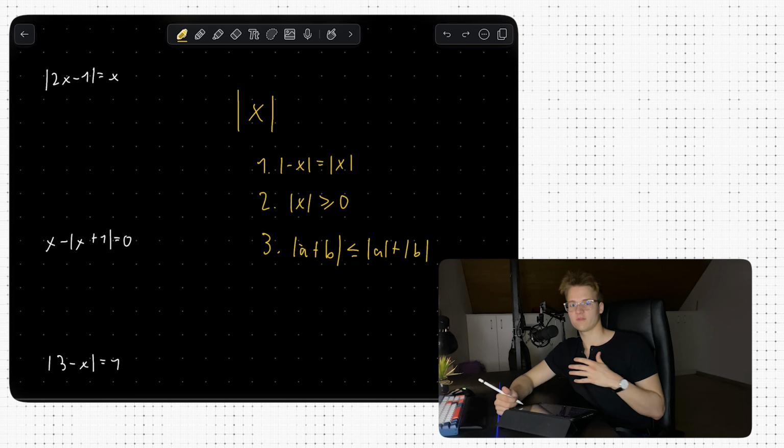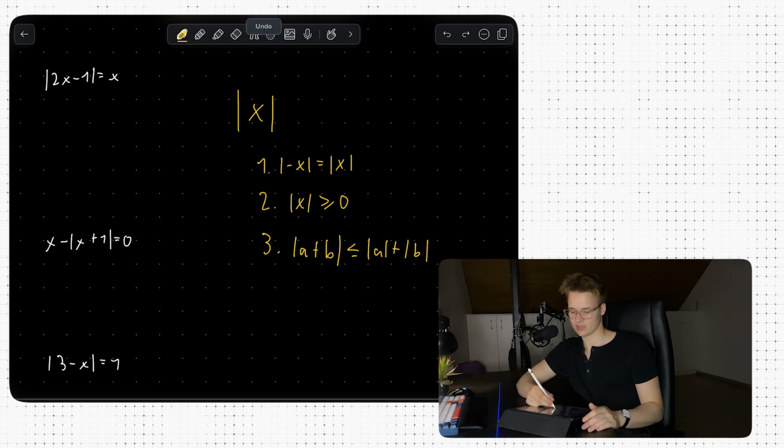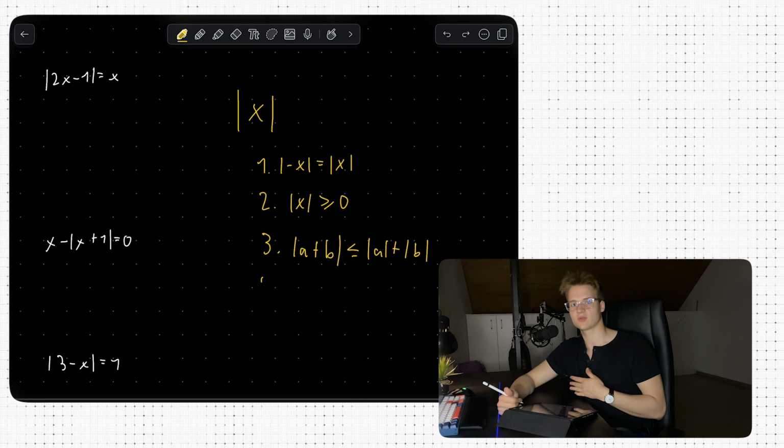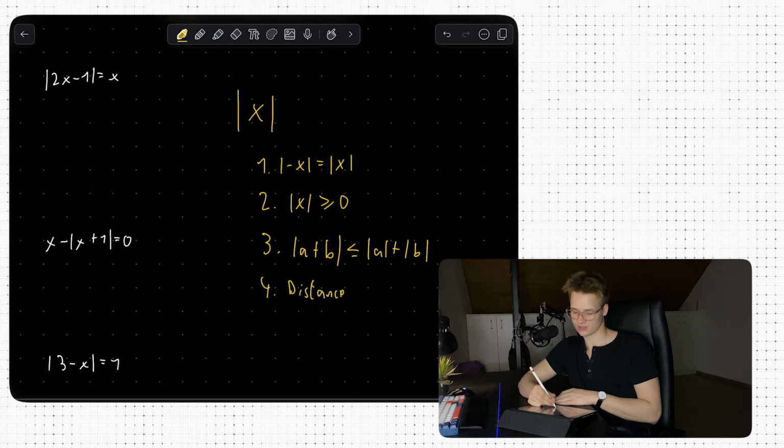But if we have varying signs, so for example, A is greater than 0 and B is less than 0, well then their sum would be less than A, and that would be less than absolute A plus absolute B. It's quite intuitive. You can just take a few examples and try it out and you'll see it holds up. And that's basically the things you need to know. The fourth one, it is the distance from starting point.